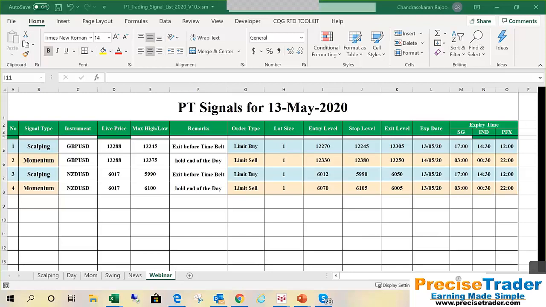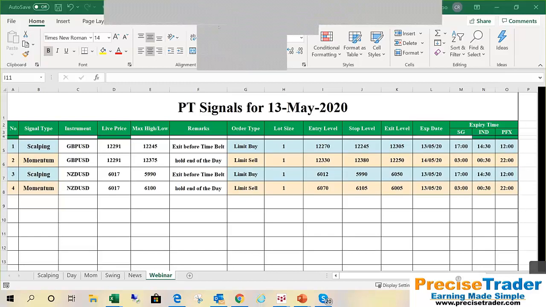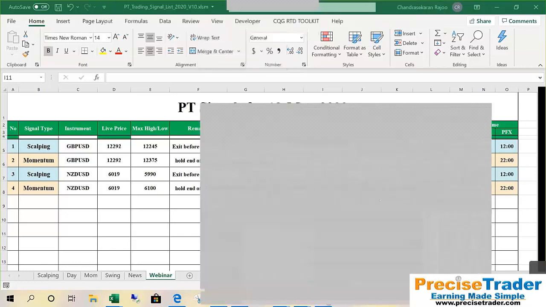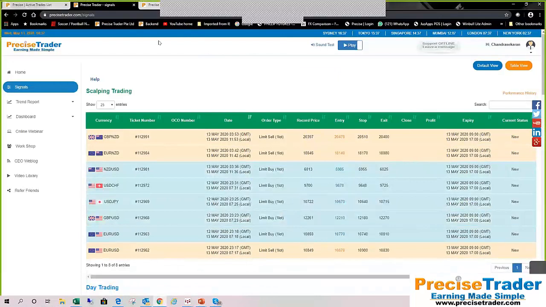And even then, sometimes when you trade overnight, there will be cases whereby, like I just showed you, yesterday our day trading, I don't know which signals you took.